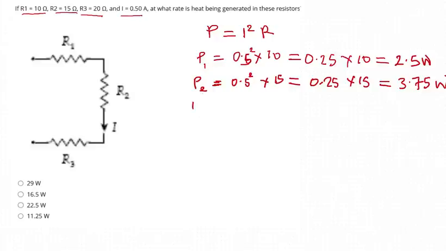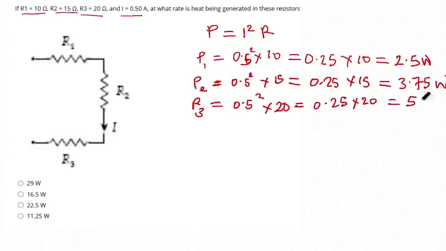And P3 is equal to 0.5 squared multiplied by the resistor, which is 20, equal to 0.25 multiplied by 20, and that will be equal to 5 watts.